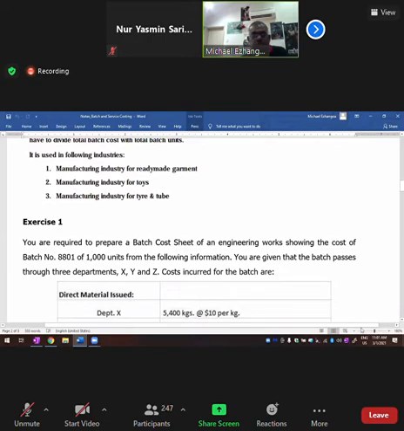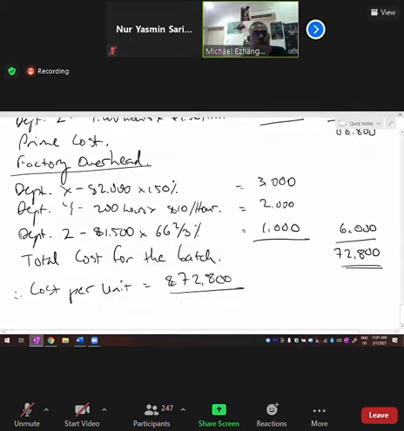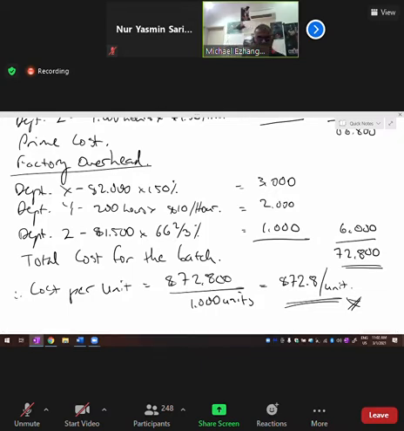So 1,000 units gives me 72.8 per unit. Right. Again, I don't really think that's complicated. I think that's fairly straightforward.